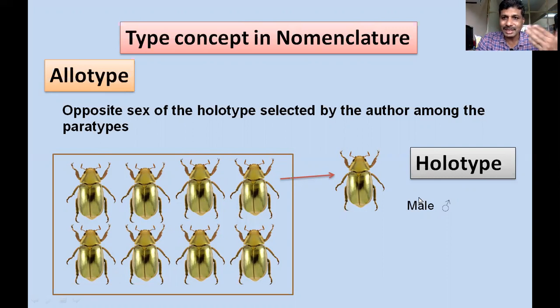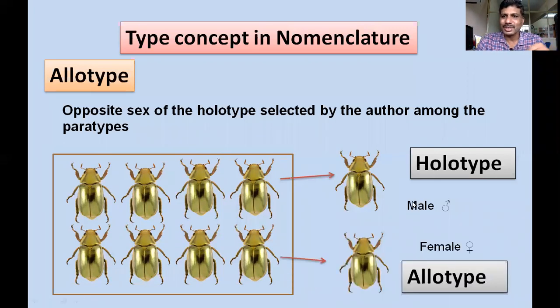The opposite sex of that holotype is called the allotype. So if male is designated as holotype, the female will become allotype. If female is designated, the male will become allotype. So that is the meaning. In fact, there are different kinds of types.